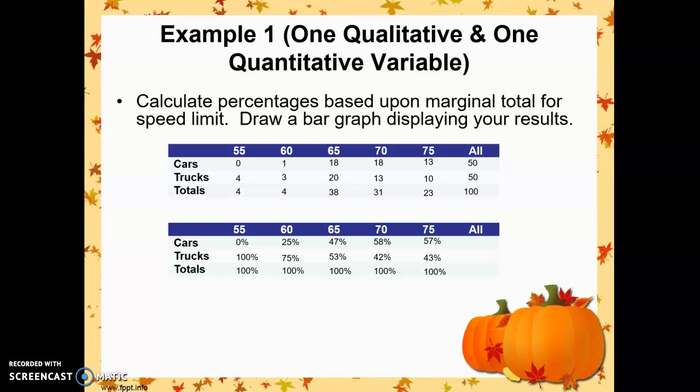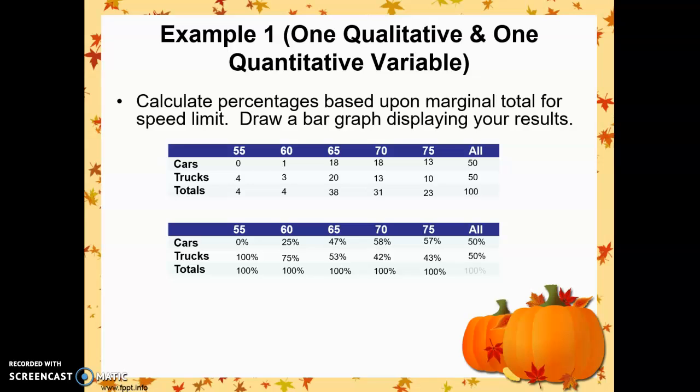So what do we do? Well, thinking about the 55 mile an hour speed limit, all of the vehicles that had that maximum speed limit were trucks. So there will be no cars represented for the 55 mile an hour max because there were none, no 0%. But for the 60 mile per hour speed limit, the bar for the cars is only 25%, whereas the bar for the trucks is 75%.